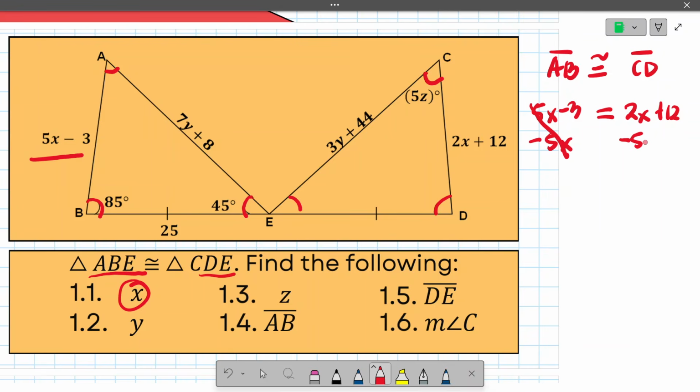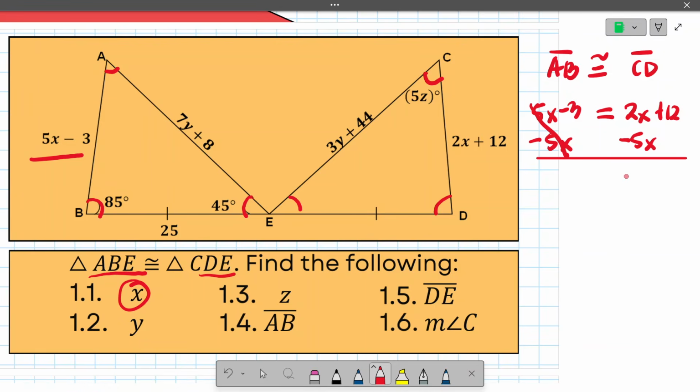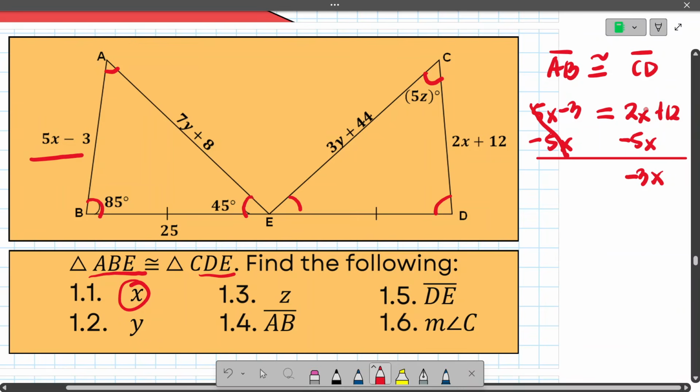So my negative 5x din dito sa ating side of the equation, making this as 2x minus 5x is just 3x. We carry the sign because 5 is also the bigger number between the two. Now, bring down lang si positive 12 and bring down lang si negative 3. Do not forget the equal sign.